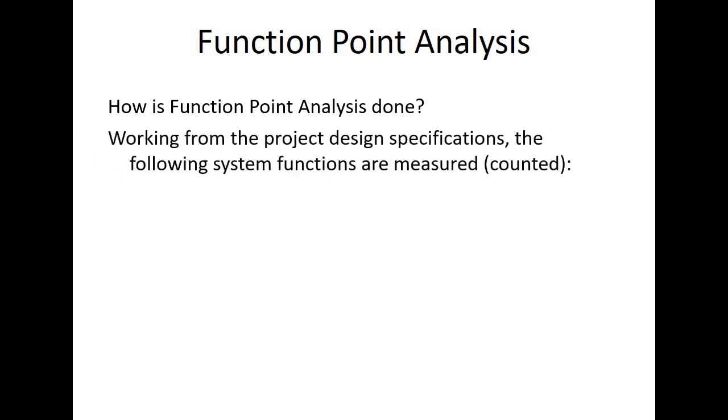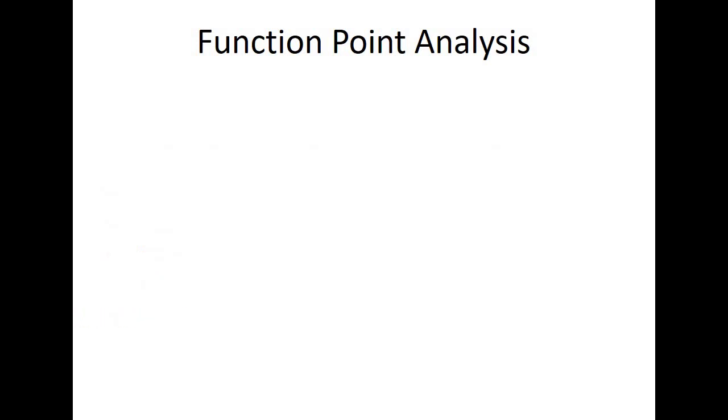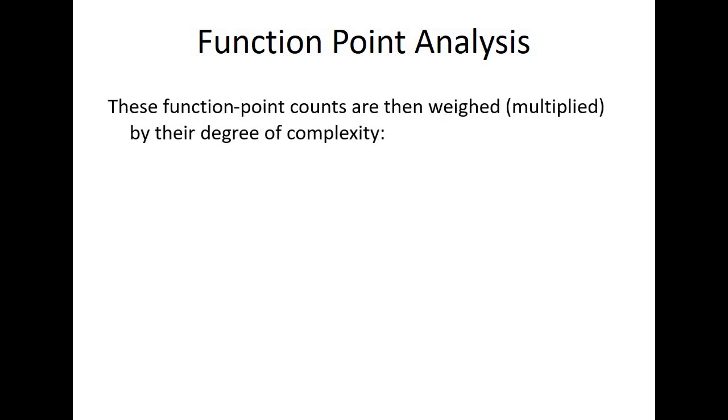Working from the project design specification, the following system functions are measured: the number of inputs, the number of outputs, the number of files we talked about just now, the inquiries, and the interfaces. Then these function points are weighed or multiplied by their degree of complexity.